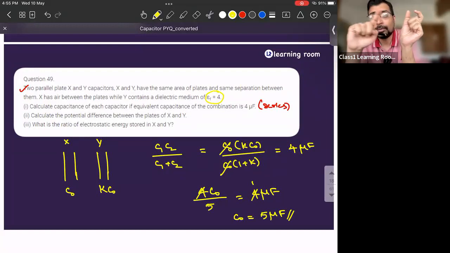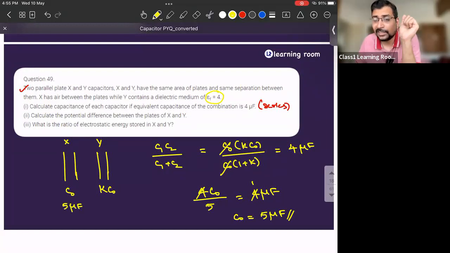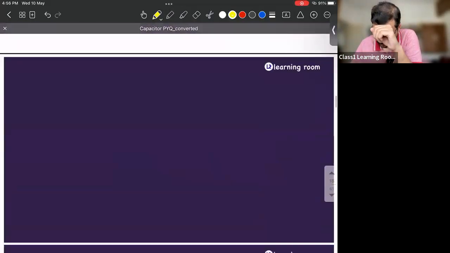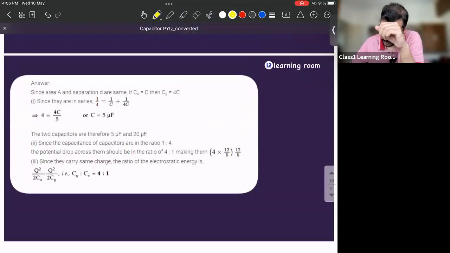What will be the capacitance of Y? If this is 5 microfarad, what will be the capacitance of Y? It will be 20 microfarad. But I think the question is incomplete. There is something missing, I think. See, this part is okay.